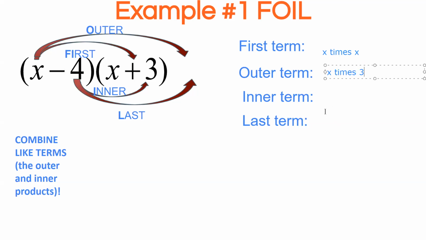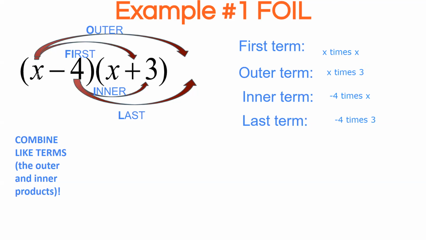My inner terms, good. The inner terms are -4 and x. -4 times x. And our last two terms, -4 and +3. Good. So those are the four, that's the main FOIL. That's what it means. You're going to be multiplying them.